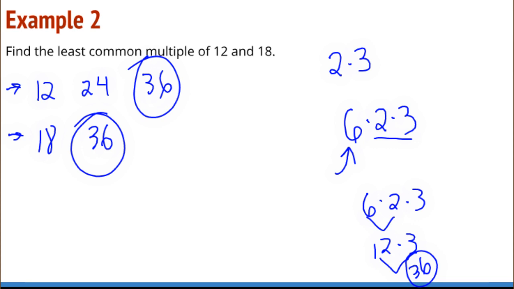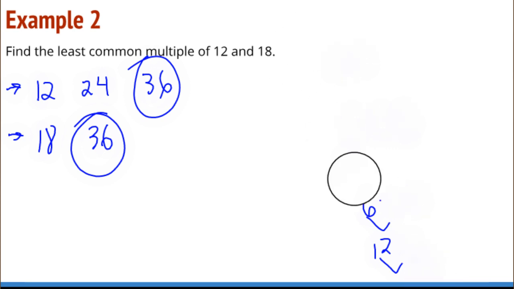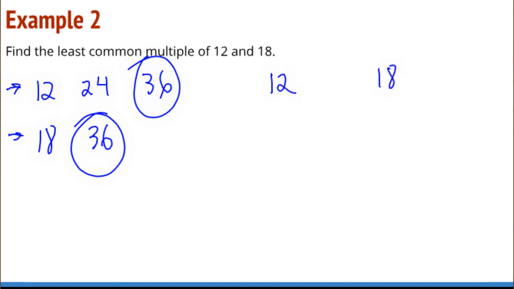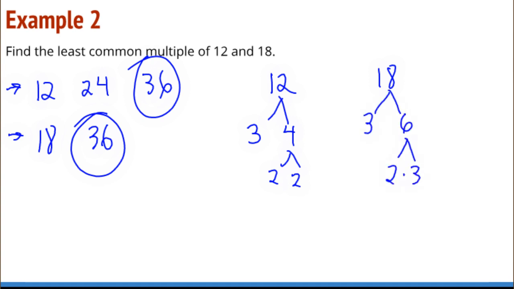So the least common multiple of 36, using the upside down cake, prime factorization: 12, 18, 3 times 4, 2 times 2, 3 times 6, 2 times 3, 2 times 2 times 3, 2 times 3 times 3, and it's the same process.